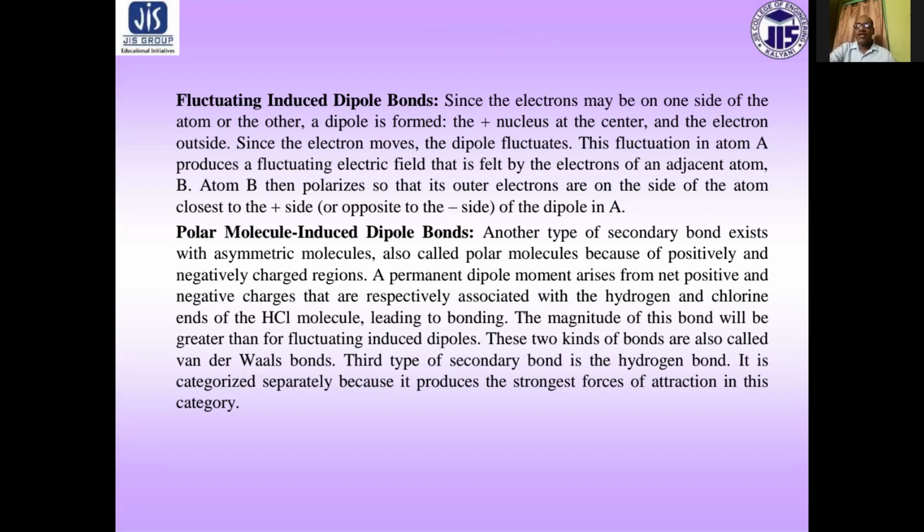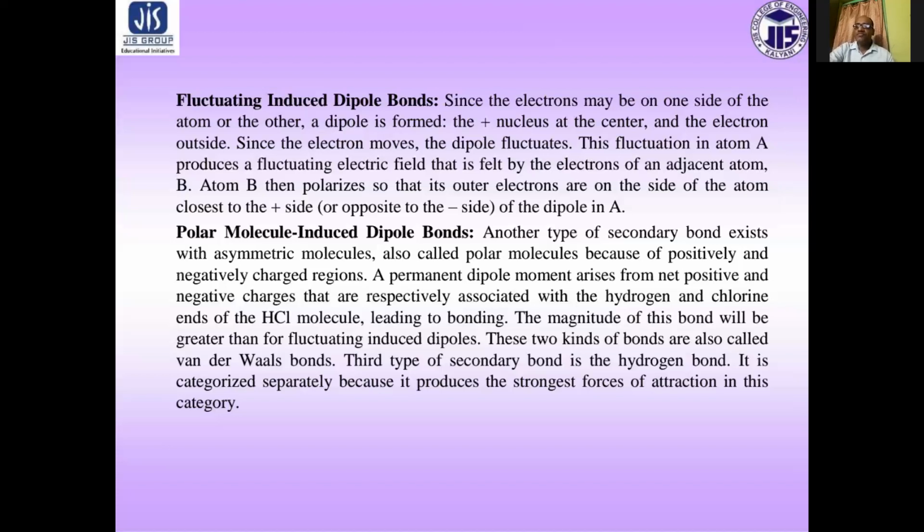A permanent dipole moment arises from net positive and negative charges that are respectively associated with the hydrogen and chlorine ends of the HCl molecule, leading to bonding. The magnitude of this bonding will be greater than for fluctuating induced dipoles.